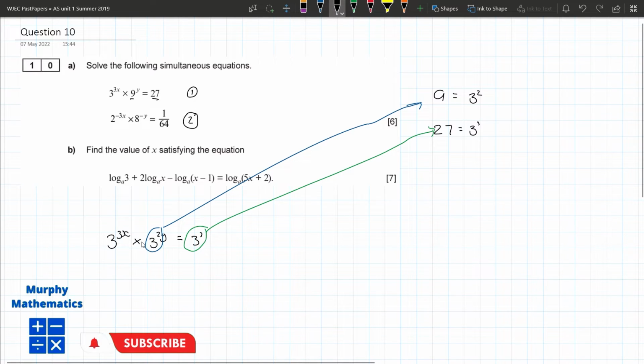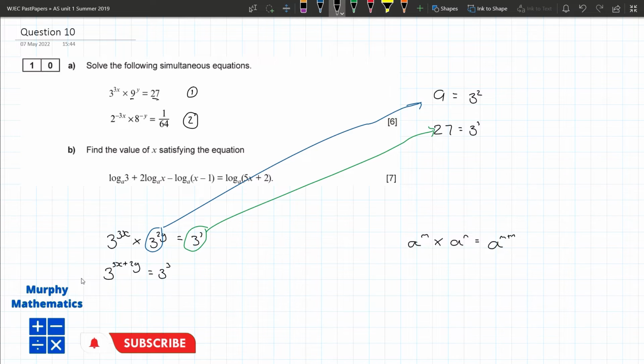Okay, and now using my indices laws, I know that a^m times a^n is equal to a^(m+n). So I'm going to have 3 to the power 3x plus 2y, and that equals 3 to the power of 3.